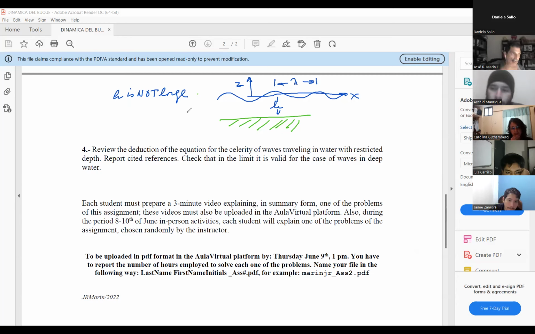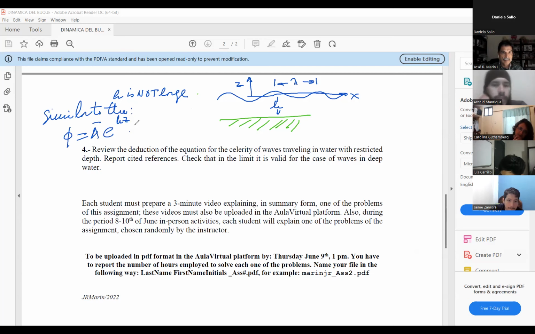But I want you to look in the literature and find a solution for this. It's going to be similar, but not the same as the one that we had before.